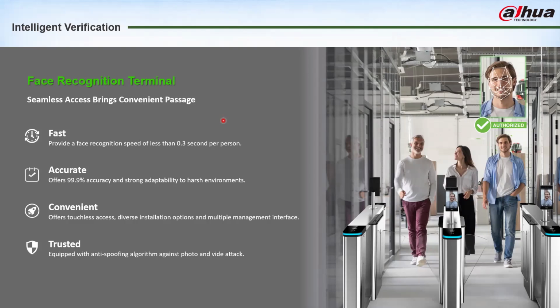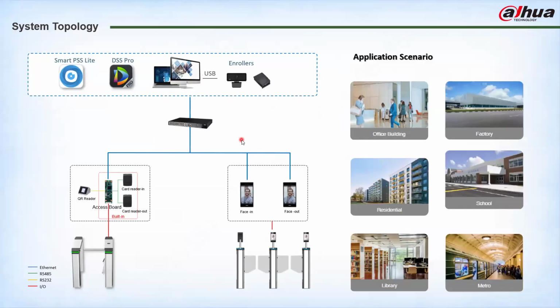Then these are trusted devices with an anti-spoofing algorithm against photo and video attack. So you cannot carry someone's photo and place it on the camera for that access control because of the anti-spoofing algorithm against photos that people use to try to pass through these turnstiles.